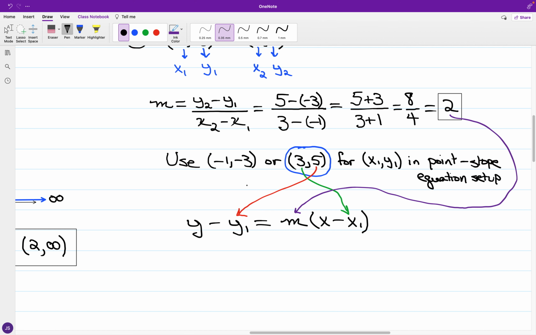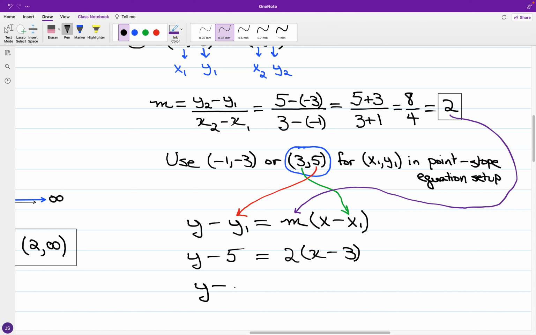So for what we have now, upon substituting, we have for y minus y of 1, so you have y minus 5, that is equal to the slope m, which we have at 2, times the quantity of x minus 3. So this is the point slope formula.